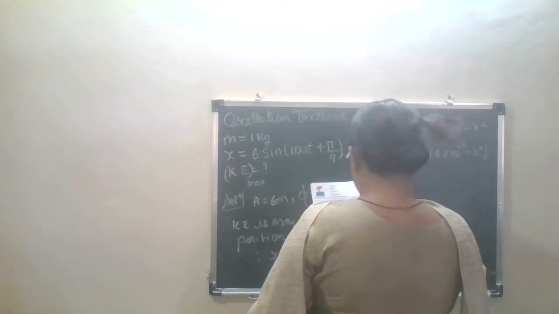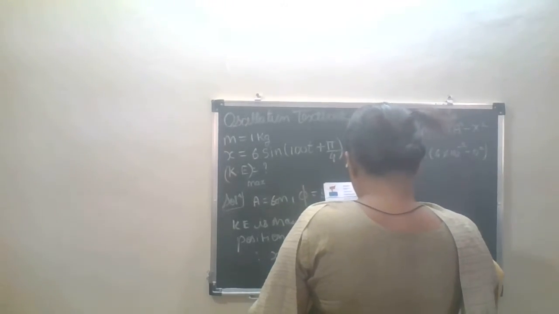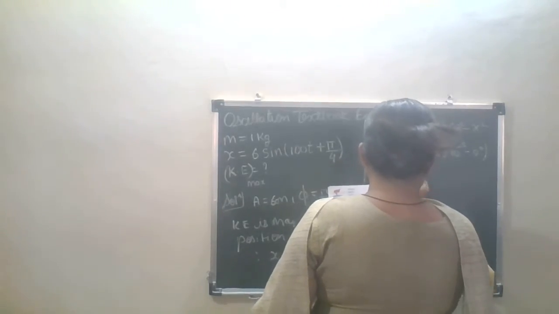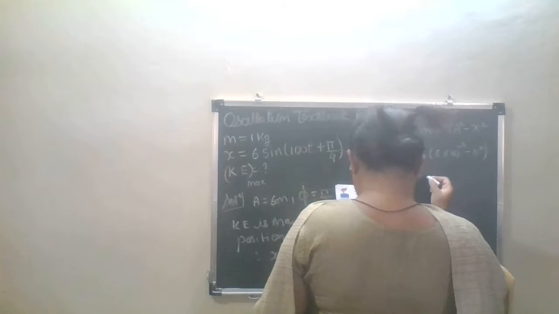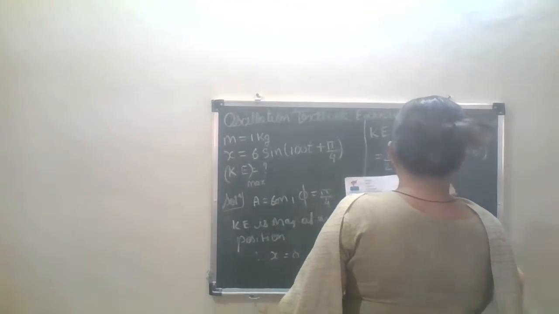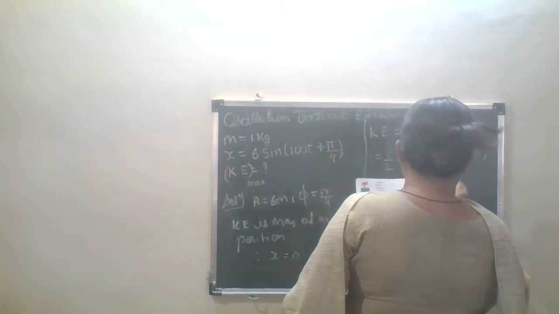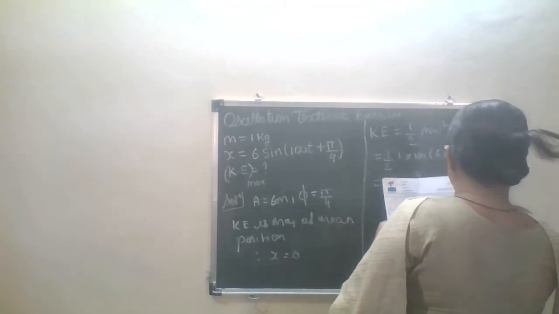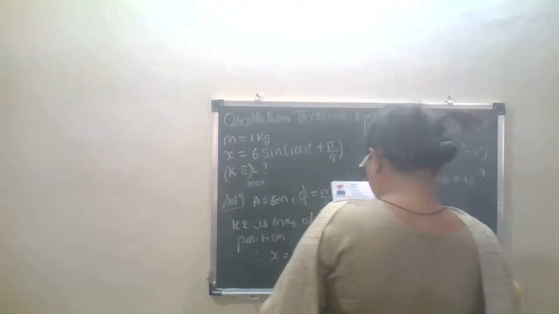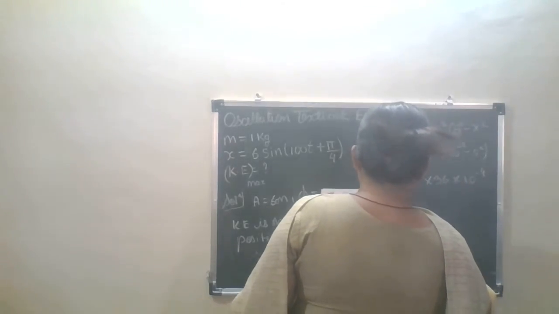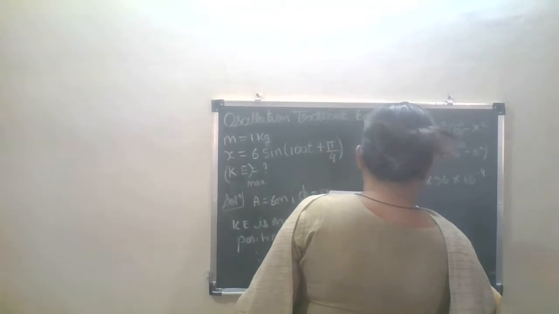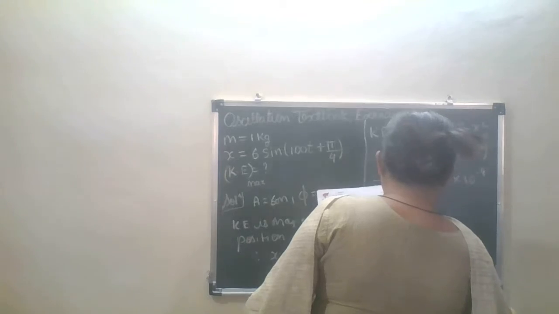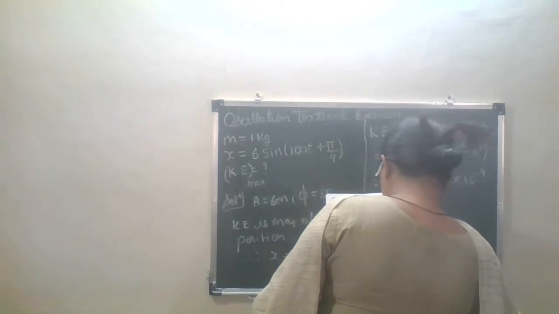Further it will be 1 by 2 into 10 raised to 4 into 6 square, which is 36, into 10 raised to minus 4. After solving, the answer will be 18 joule, and the answer is option D.